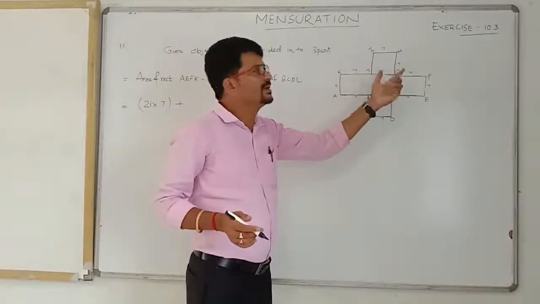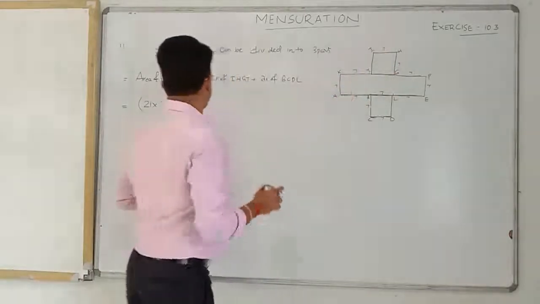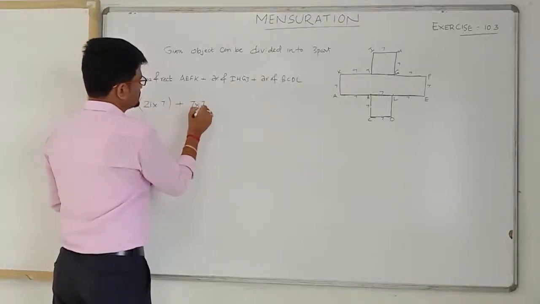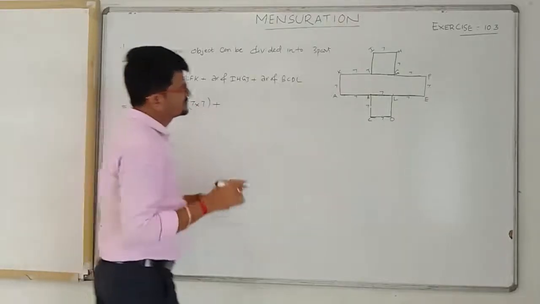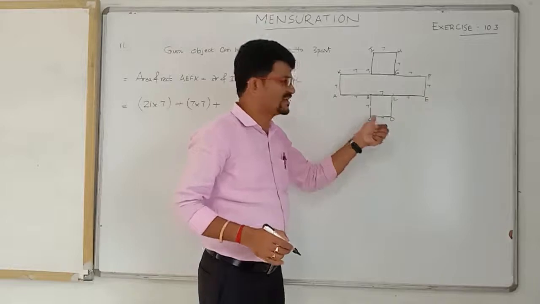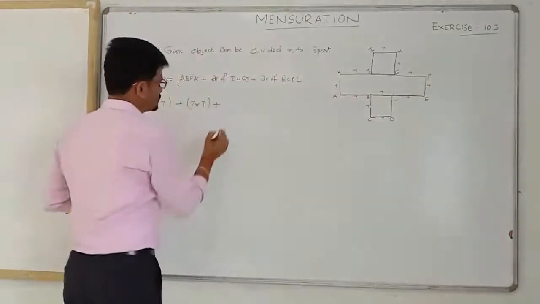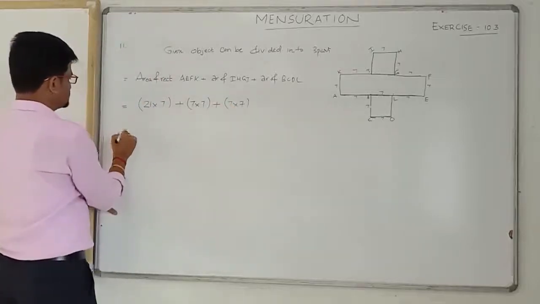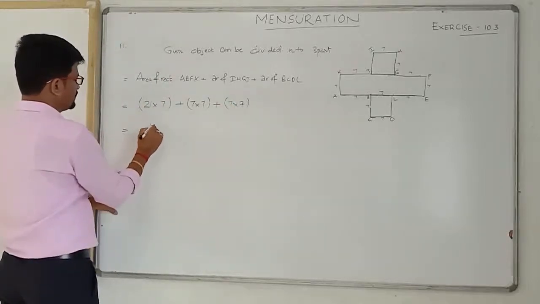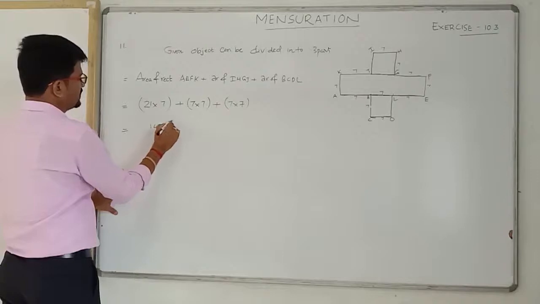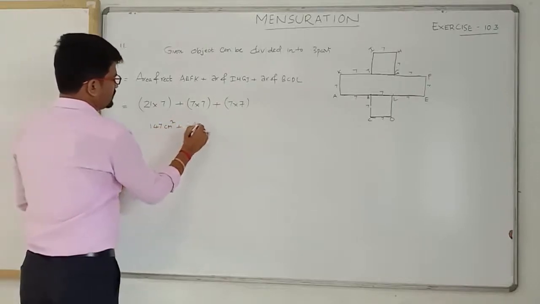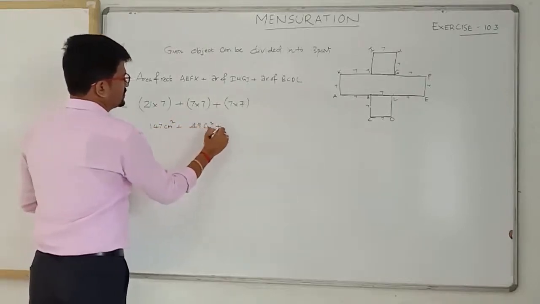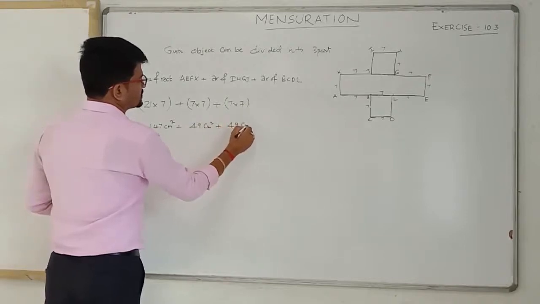It becomes a square, but let us consider it as a rectangle. So 7 into 7, plus this is also 7 and this is length 7, breadth 7. So 7 into 7. That implies this is 147 centimeter square. This is 49 centimeter square. This is 49 centimeter square.